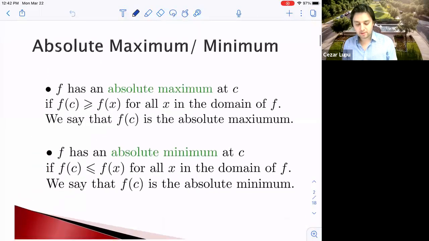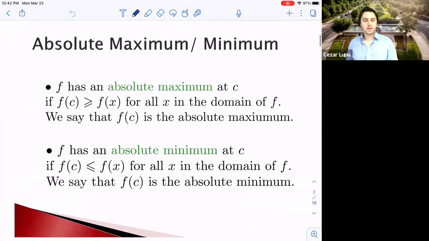These are the 2 definitions that I have in mind. Let's see what absolute maximum and absolute minimum are.